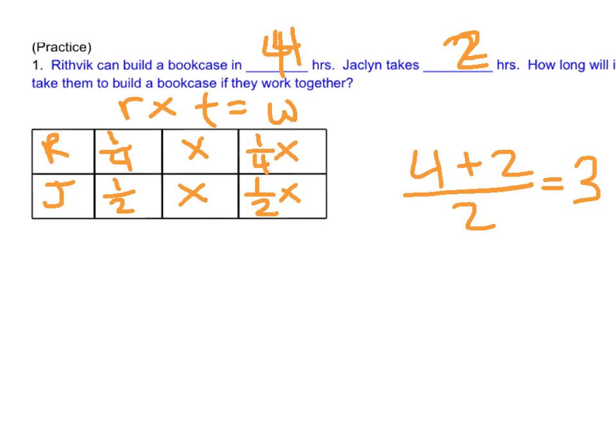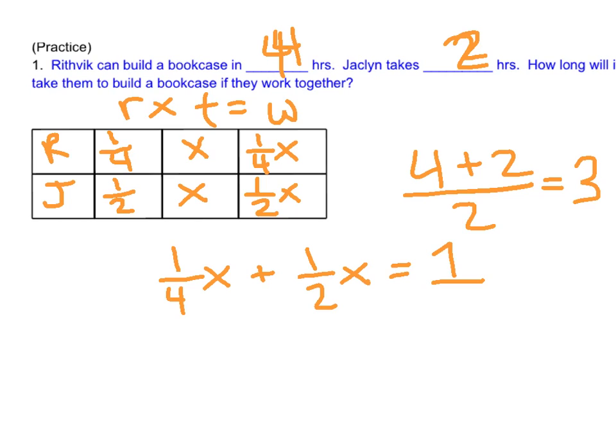And in order to complete the work, the sum of the fractional parts of work done must equal 1. So Rithvik's work effort, or work rate, plus Jacqueline's work rate together must equal 1 to complete the whole job. So to add these, you need to find a common denominator, or you can get rid of the denominators by doing an LCD.